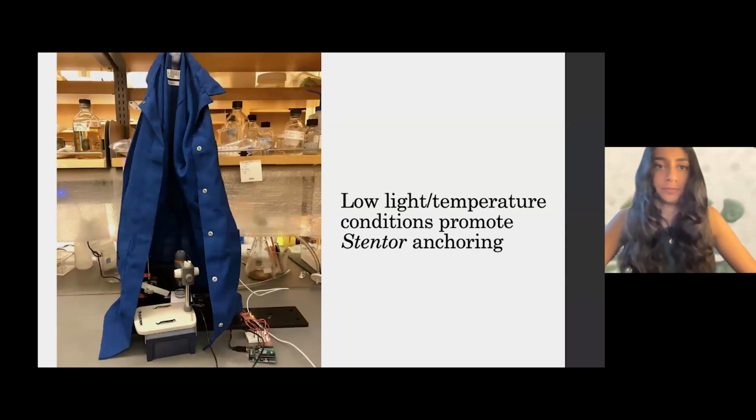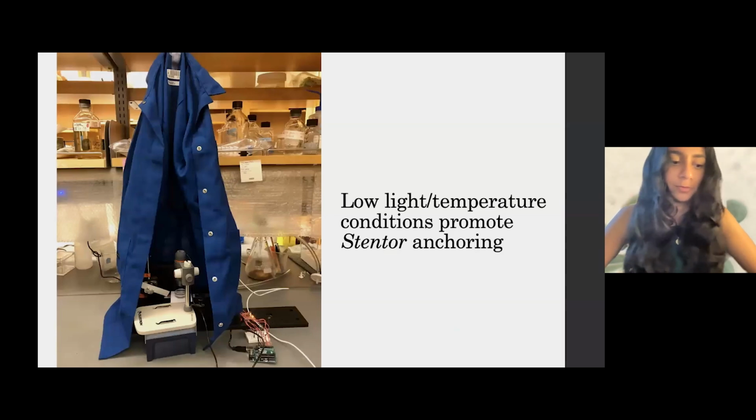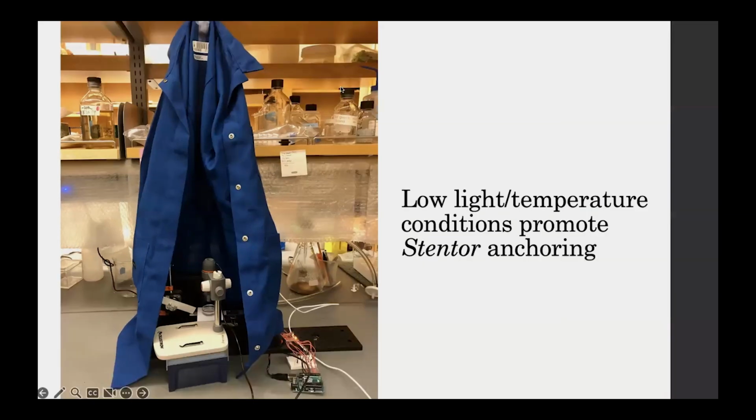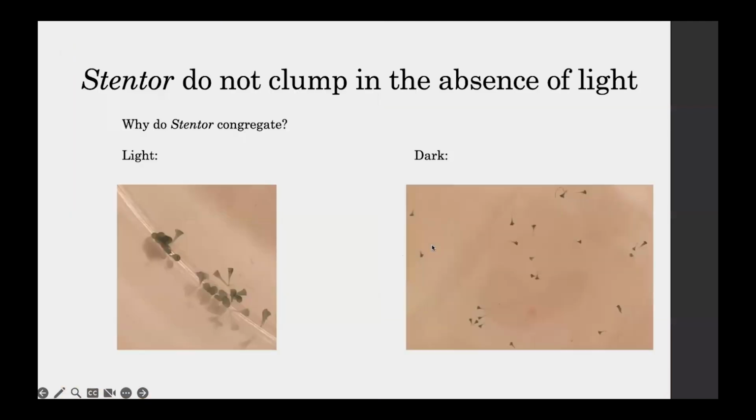Now that I figured out how light can impact my learning experiments, I created this very low-tech setup to minimize light and keep the stentor nicely spaced for my learning experiments, basically using old lab coats in the lab to create a curtain around the habituation device. I found that low light and low temperature conditions promote stentor anchoring. So they actually stay in this well-spaced condition, because the data are hard to analyze when they're all clumped together.